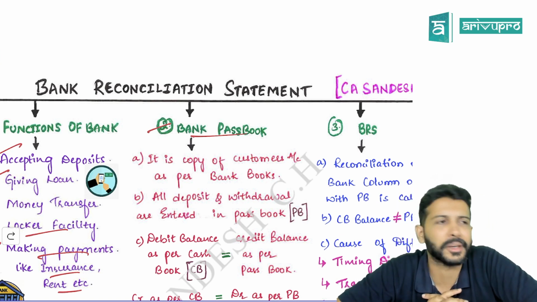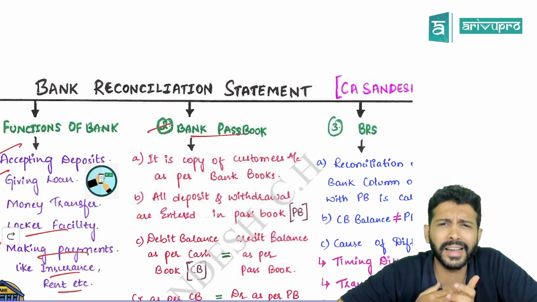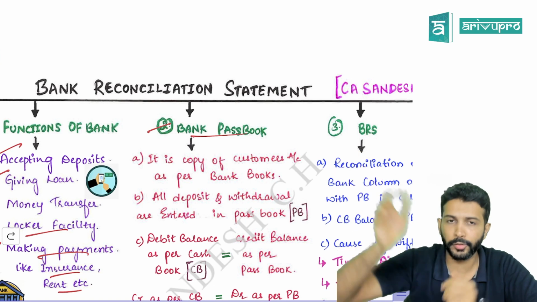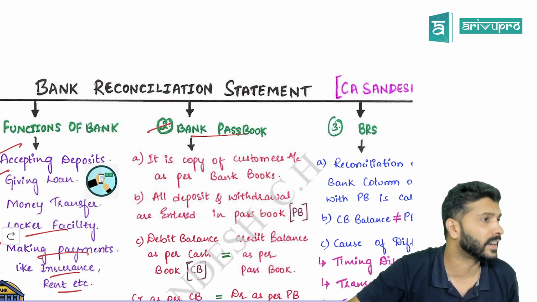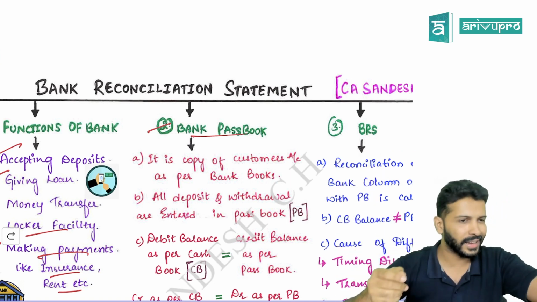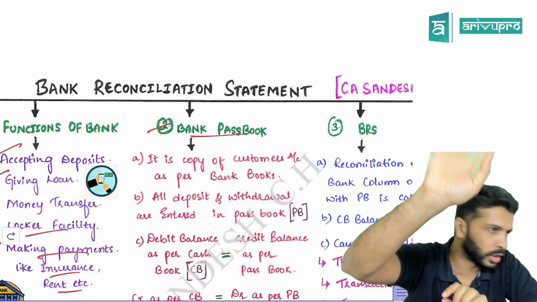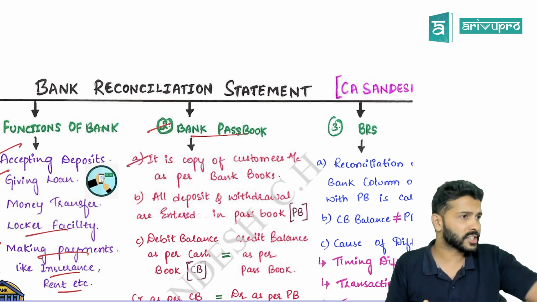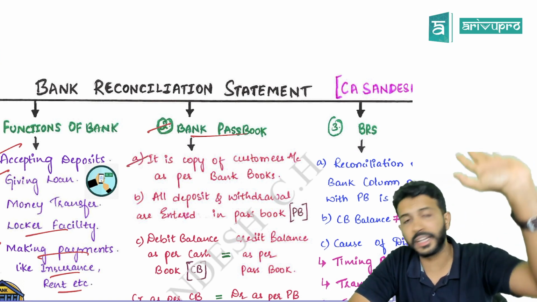Who maintains that? Do we maintain it or does the bank? The bank gives it to you and the bank updates those entries. Bank passbook means just like we maintain a bank account in our ledger.